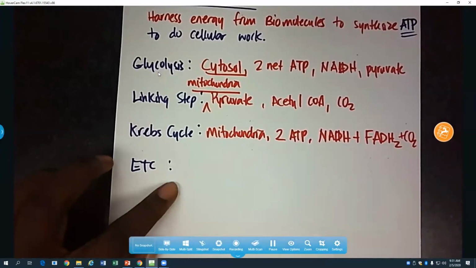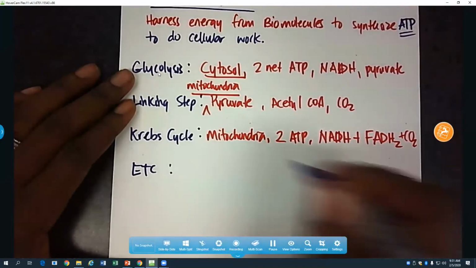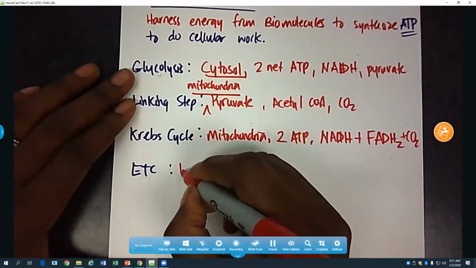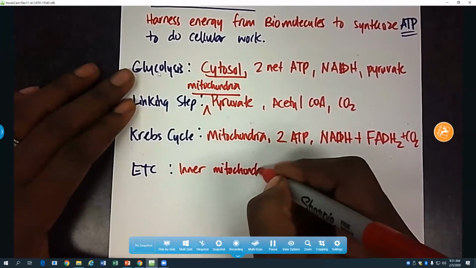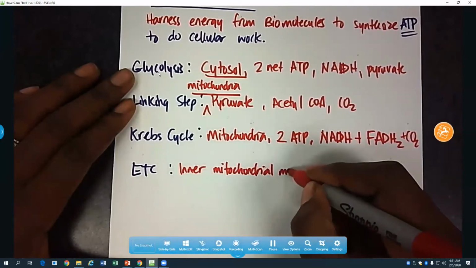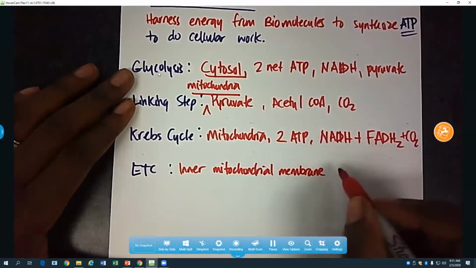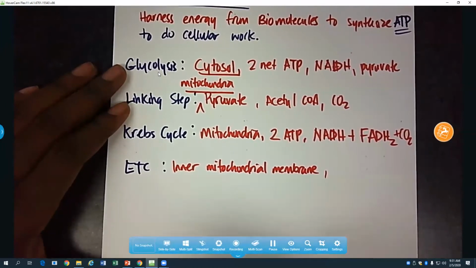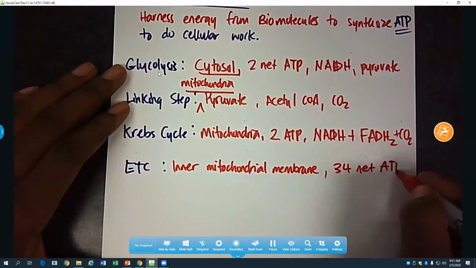Okay, the electron transport chain is the most important. This is where oxidative phosphorylation takes place. This happens across the inner mitochondrial membrane. What we produce here is 34 net ATP.